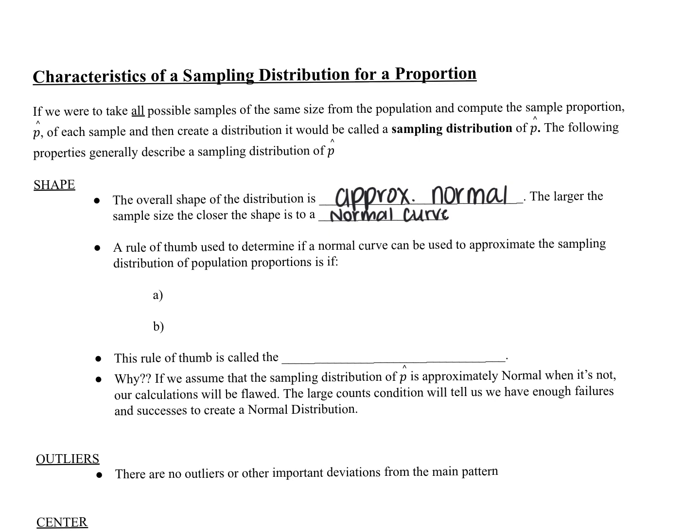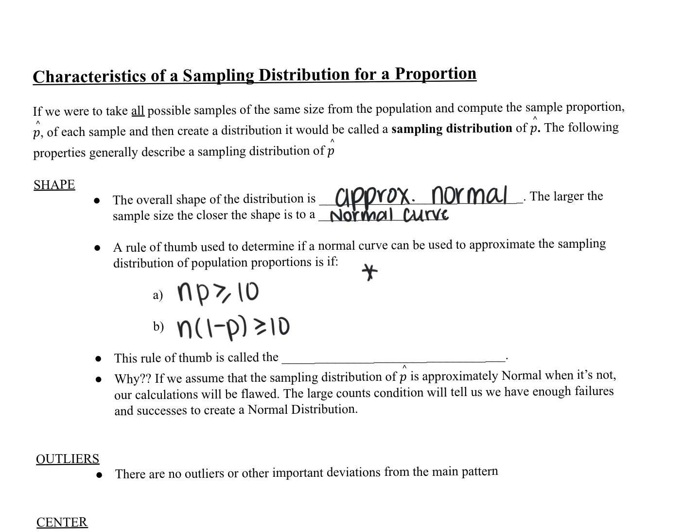There's a general rule of thumb that we use to determine if a normal curve can be used to approximate the sampling distribution for a proportion. There are 2 things you have to check. You have to check that n times p is greater than or equal to 10, and n times 1 minus p is greater than or equal to 10.